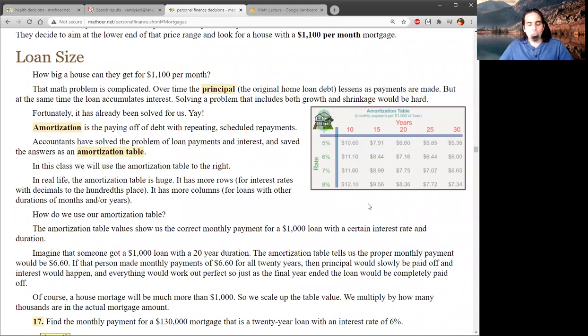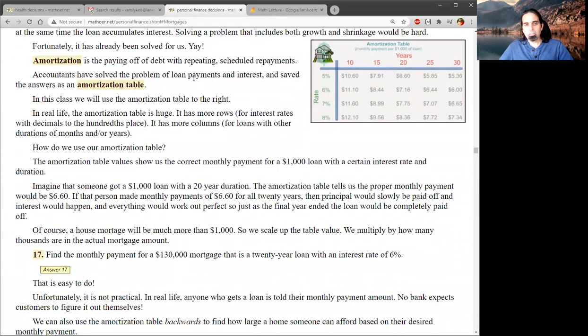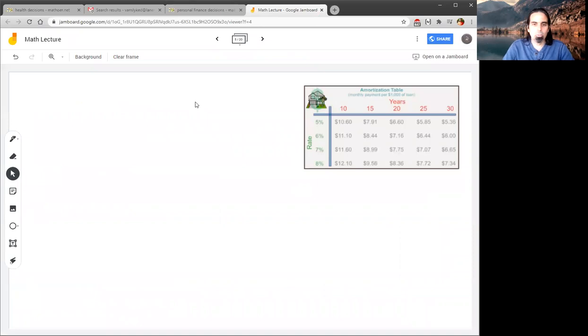And we can use the table forward and backwards. So first, let's use it forward. And I'm going to avoid repeating myself from last time. Let's not do exactly the same problems.